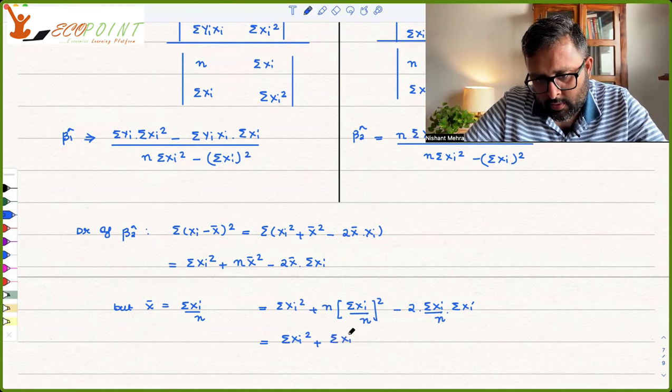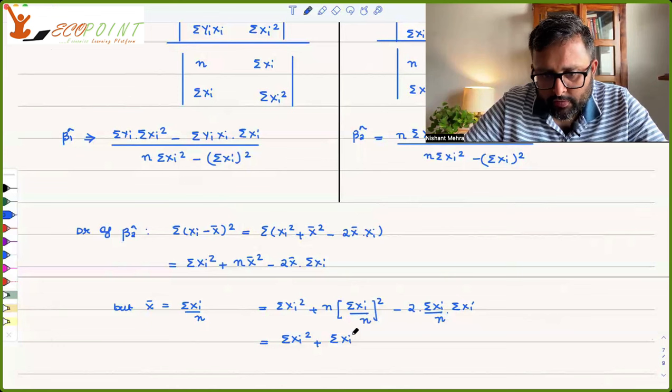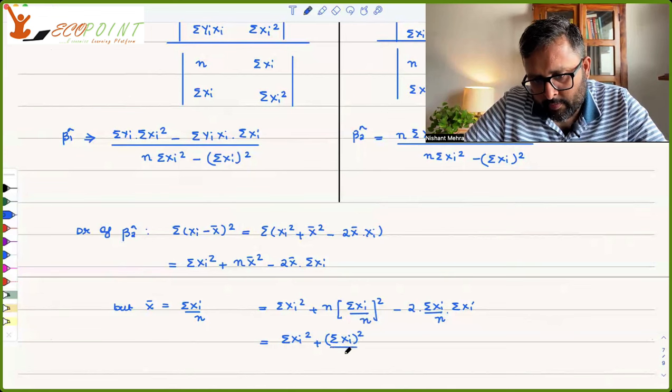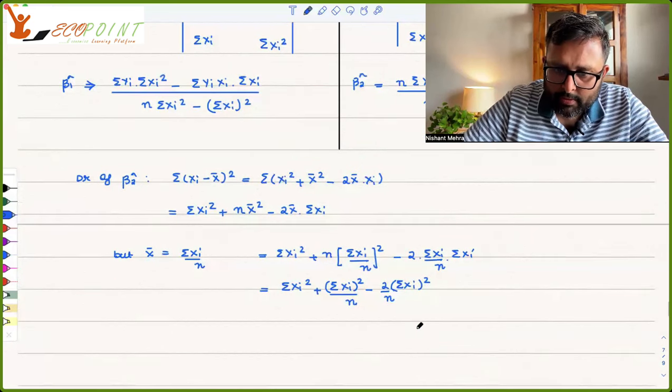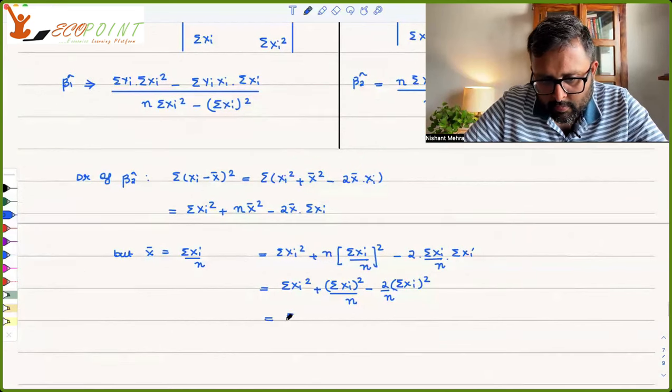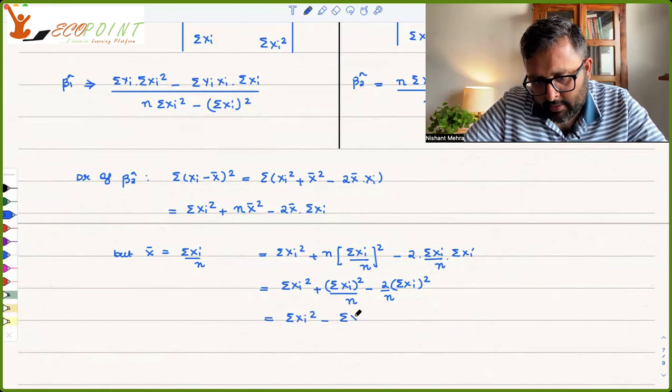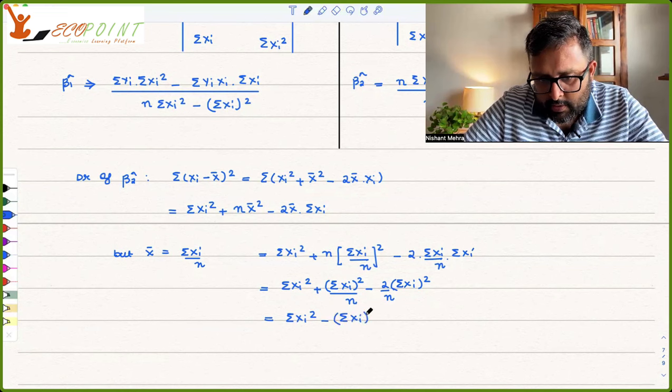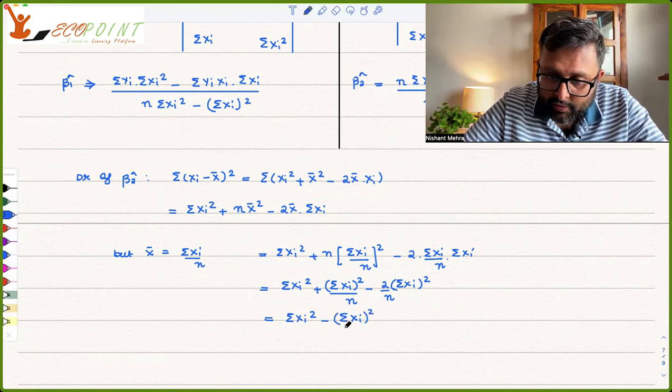So in the denominator we'll just have n. So it is summation of xi whole square upon n minus 2 upon n summation of xi whole square. So it is summation of xi square minus summation of xi whole square upon n.